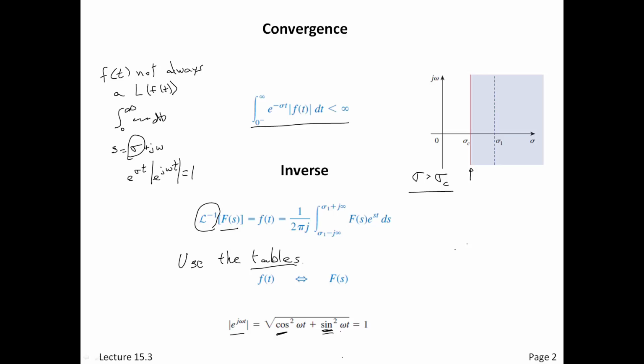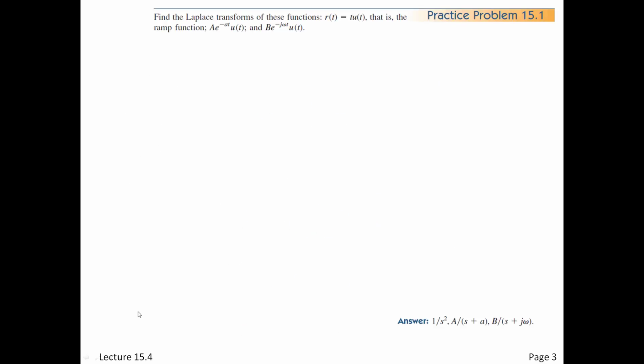But let's begin. There are going to be a lot of properties of the Laplace transform we're going to have to explore. But before we do that, let's actually find a couple and take a look. Okay, so let's do this practice problem, and I will say right up front, I warned you this is going to be math intensive.